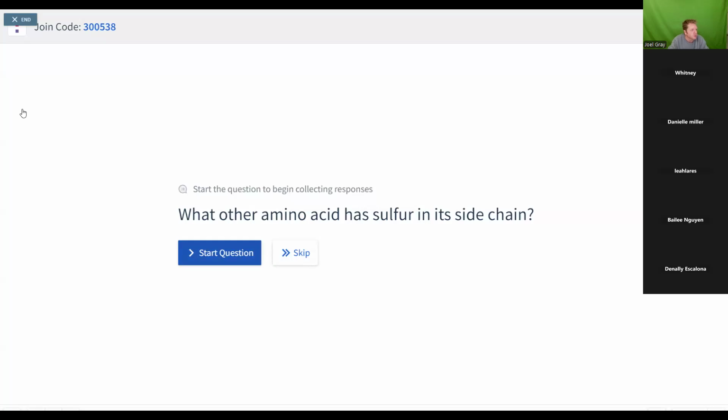And so here's our last question for this material. Which other amino acid other than cysteine has sulfur in its side chain?